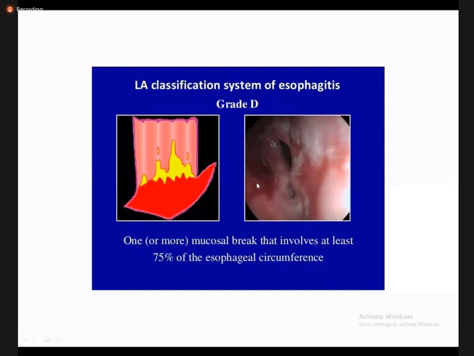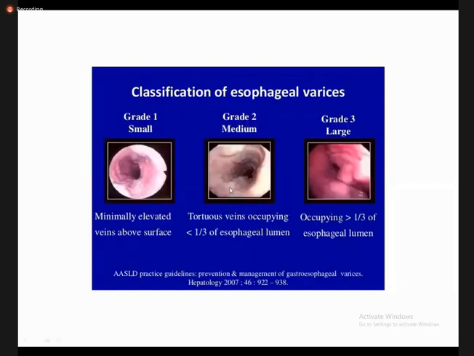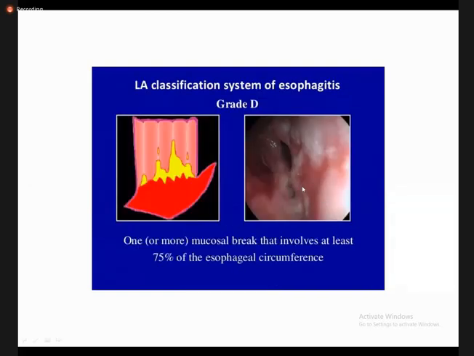So endoscopically, here you can see this is the picture of the varices, and here this is the distal esophagus, and you can see a lot of ulcers and redness and bleeding. So if the patient has esophagitis and bleeding from this side, we get the picture.